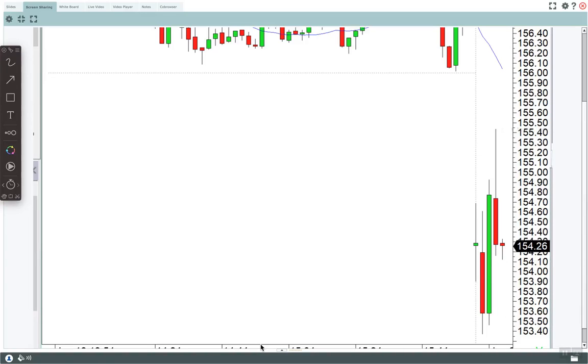All right, guys. Into cara. Look at that tail up there, guys. I shorted at the top of that tail. And I didn't even get what I wanted. That would have been bigger. Cool.